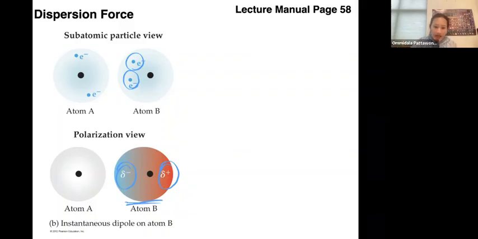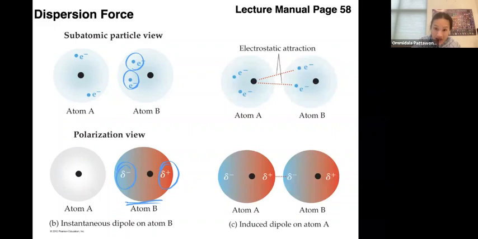Okay, this instantaneous dipole is going to induce a dipole in another atom as well. Because this electron right here is negative, it wants to attract the nucleus of the other atom, and therefore it is going to push the other two electrons away to the other side, because remember, electrons repel, right? So it's going to cause the other molecule to also have a dipole moment, creating a partial positive and partial negative that can attract each other, right?